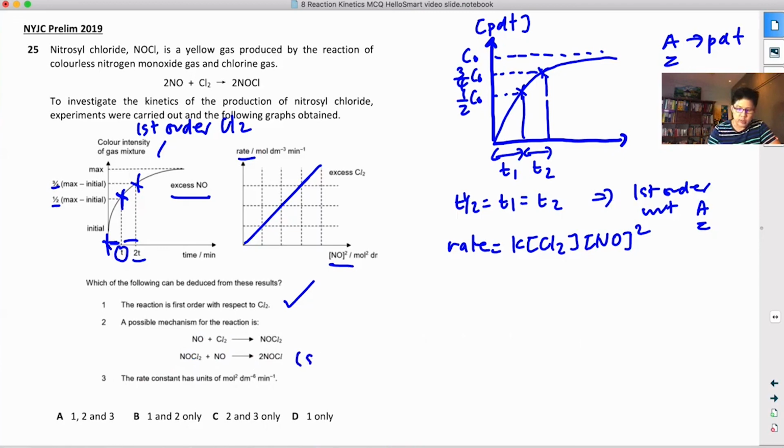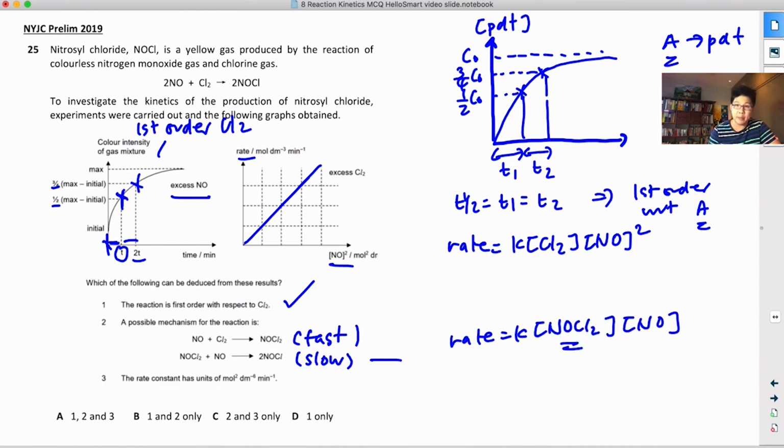We take the second step to be the slow step and the first step to be the fast step. So if this is the slow step, I'm going to write down rate equals k[NOCl2][NO]. You notice that NOCl2 is an intermediate, so you have to replace it with one Cl2 and one NO. Now if I replace it with one Cl2, and one NO becomes NO squared, including this, this is what the rate equation should look like.